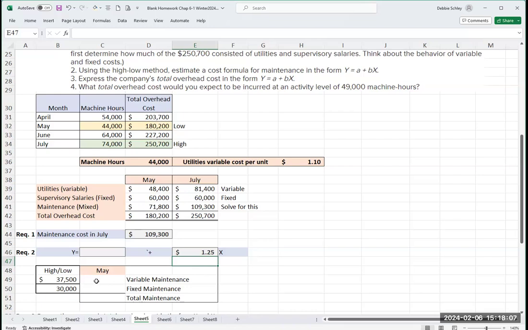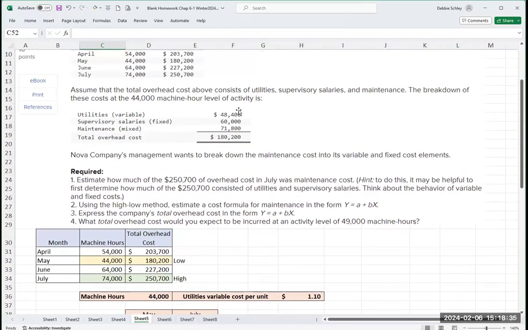So I'm going to work with May on this one. My variable maintenance for May would equal that variable times May's machine hours. I know the total maintenance for May was given to me way up above.